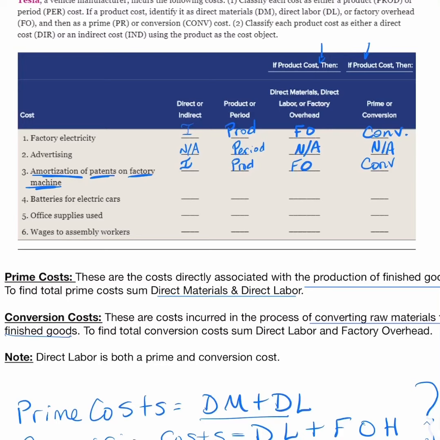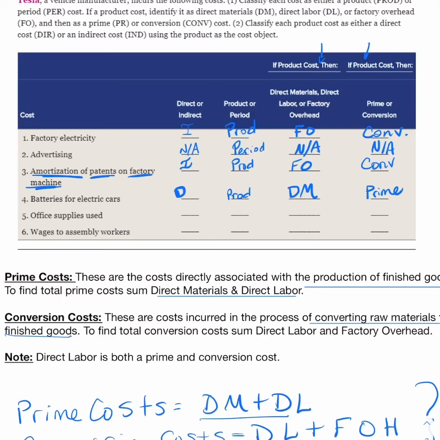Next, we see batteries for electric cars. These batteries for electric cars are direct because we want to know exactly how much that battery is costing in each one of these electric cars that we put together. That is going to be a product cost as it is directly associated with the product itself. More specifically, that is a direct material, and direct materials are prime costs.